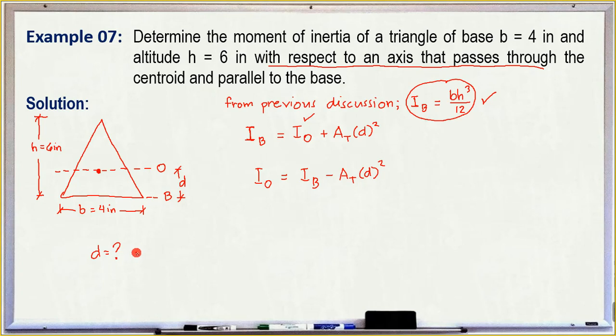From the formula. Remember that d is the distance between these two axes. So what is it? Any idea? It is equal to what?